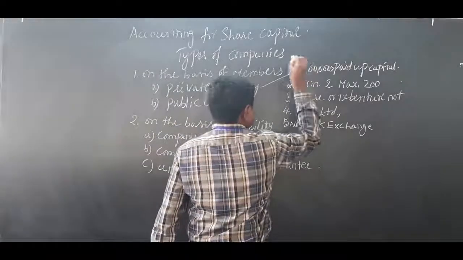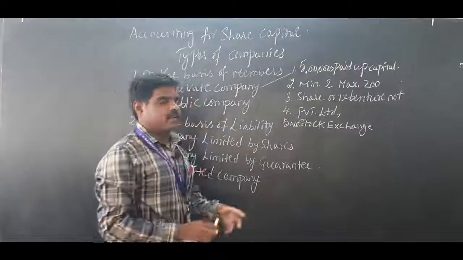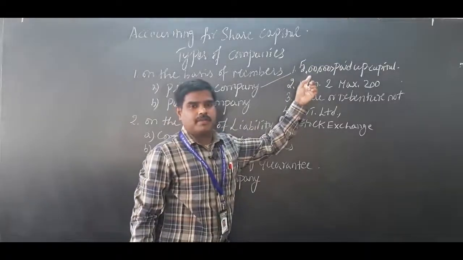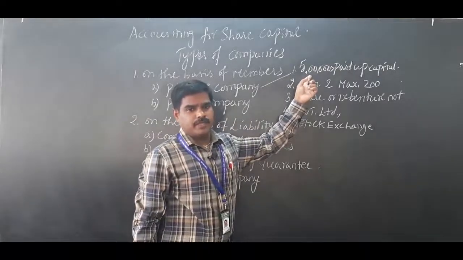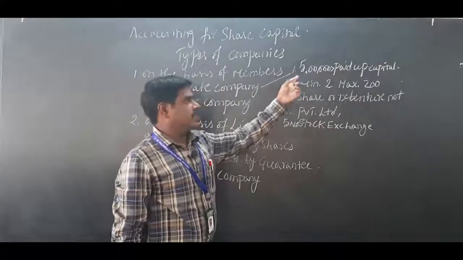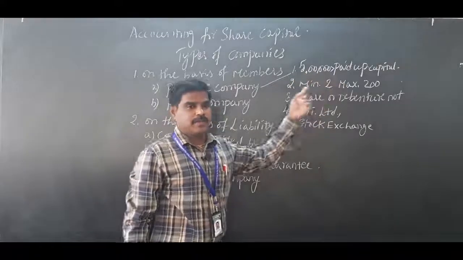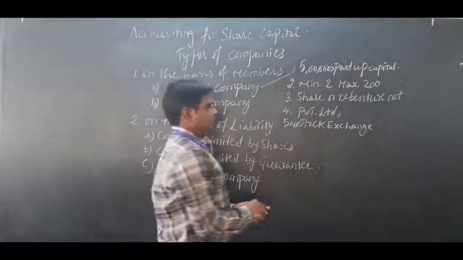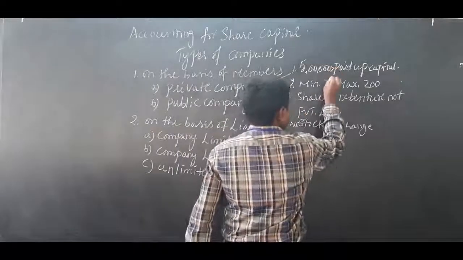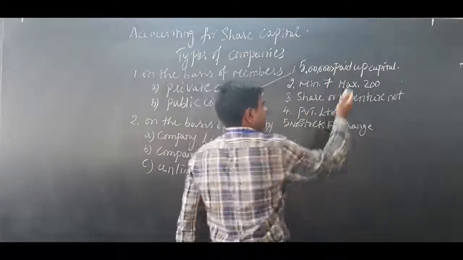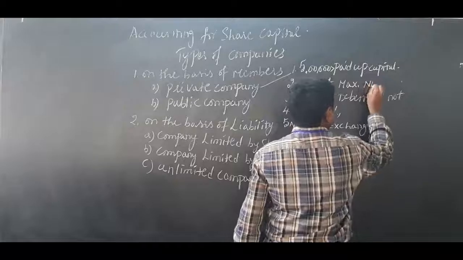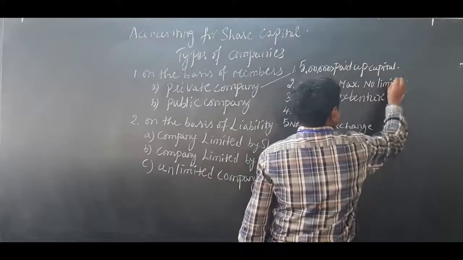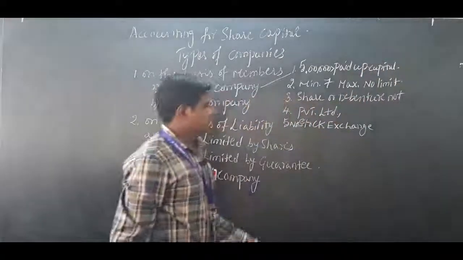A public company is a company which is not having less than 5 lakh rupees paid up capital, 5 lakh or more. A company which is not having less than 5 lakh rupee paid up capital is called a public company. Minimum 7 members and maximum no limit, unlimited.